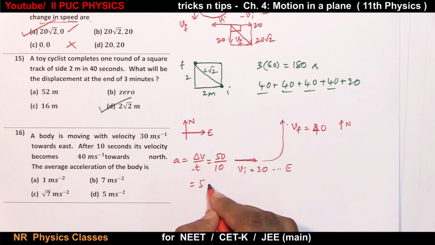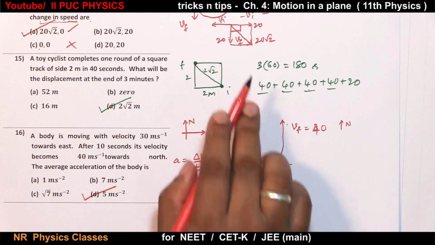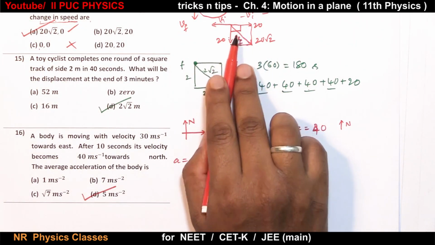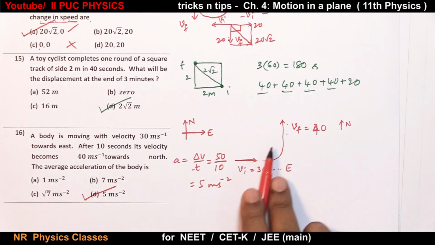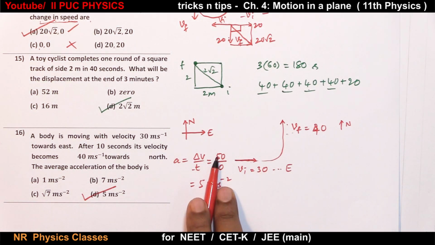It is equal to 5 meter per second square. You have to find change in velocity like this. See, here also the angle between these two is 90. Therefore 40 and 30 gives 50 by time 10, 5 meter per second square.